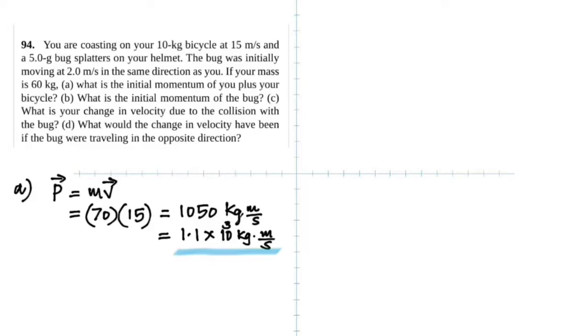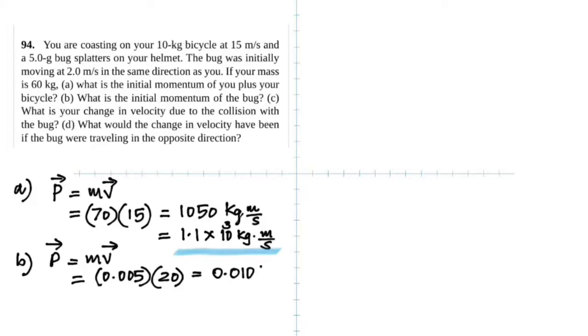The initial momentum of the bug, likewise, you've got to change the gram into kilogram and multiply with the velocity of the bug. When you do that, you get 0.010 kilogram meter per second.